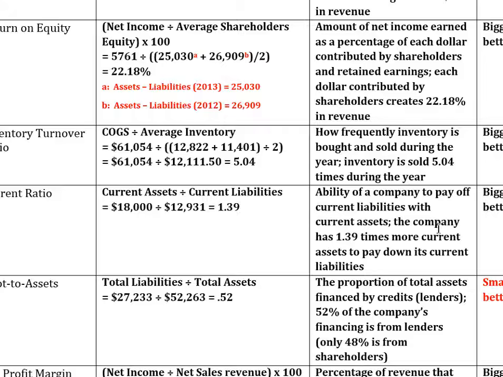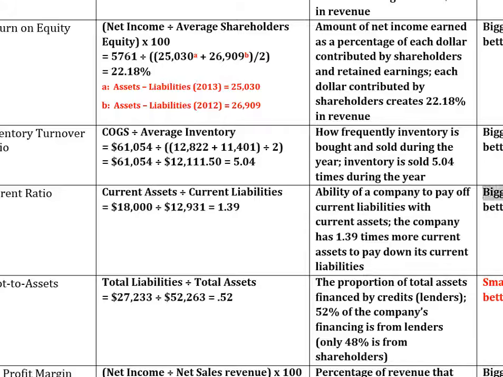That means the company has 1.39 times more current assets to pay down its current liabilities. You have 1.39 times more current assets than you do liabilities. So again, the more current assets you have, the better, because you'll be in a better position to pay down your current liabilities.